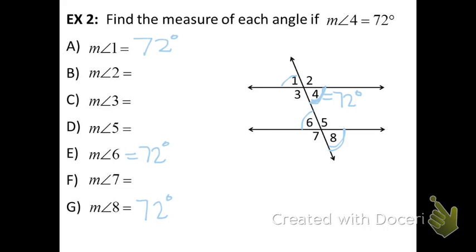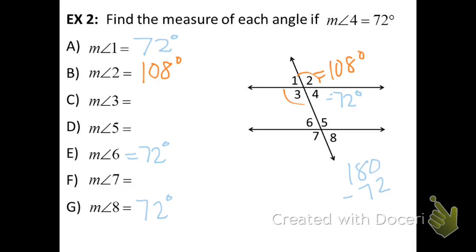So now let's talk about the other ones on there. I know that 4 and 2 are a linear pair. That means they have to add to be 180 degrees. So if I take 180 degrees and subtract 72, I get 108. So my angle 2 is 108.